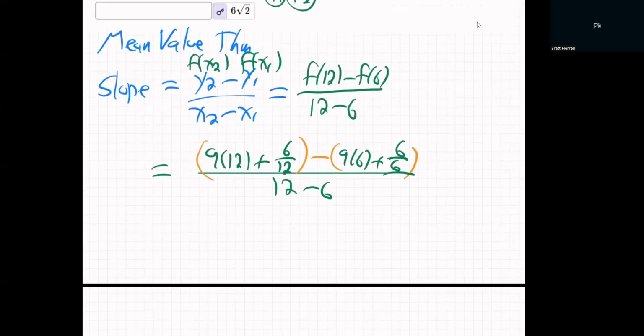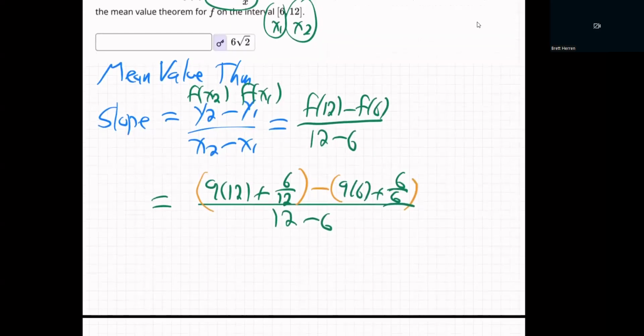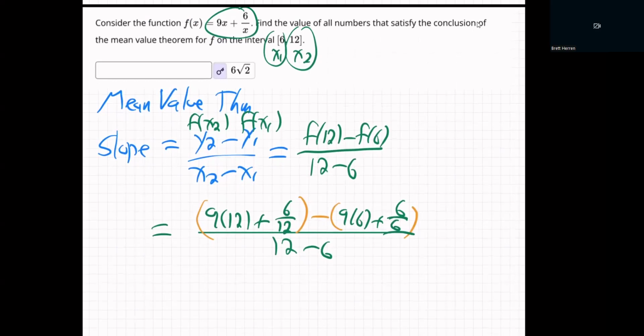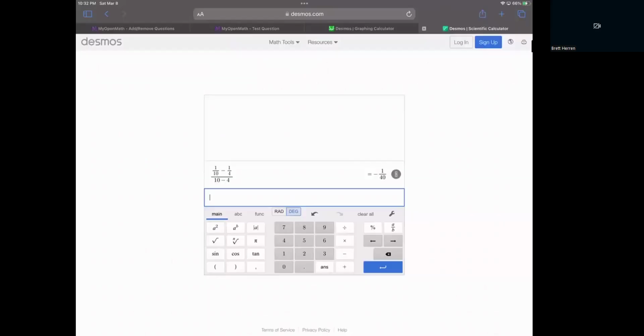Okay, so we can go type that into our calculator. 9 times 12 plus 6 over 12. There's the first one, minus. Then we better put parentheses in.